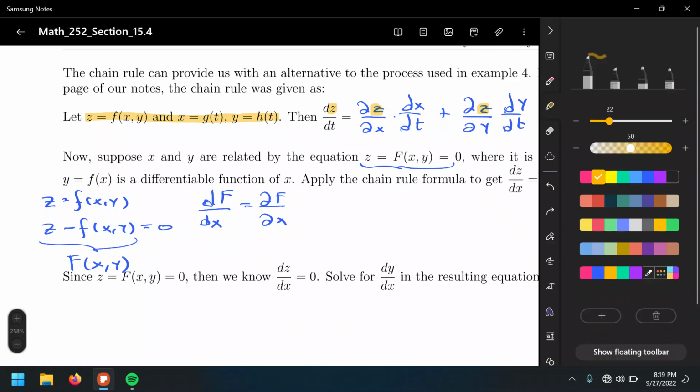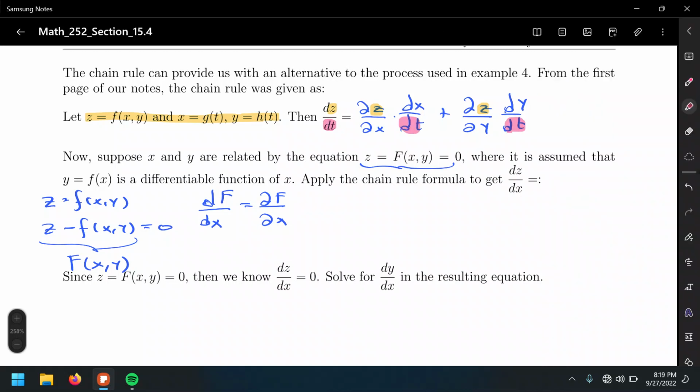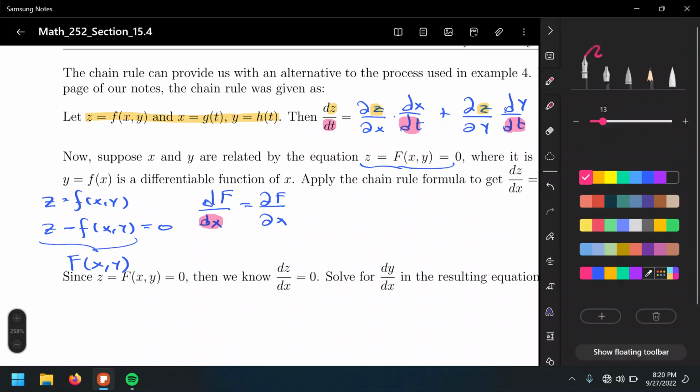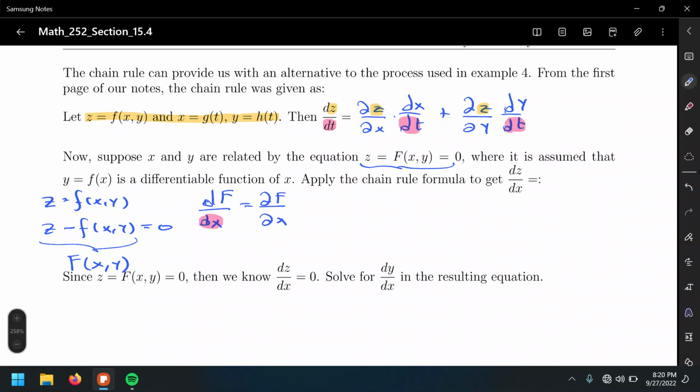So check this out. We will be differentiating with respect to x. So I'm highlighting this so you can see what I'm going to change over here. But essentially it's going to be the same formula with just new letters based on the new definition of the new function we came up with.